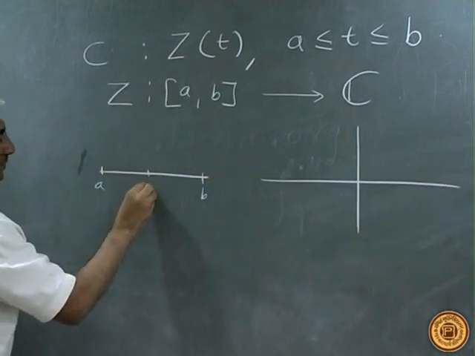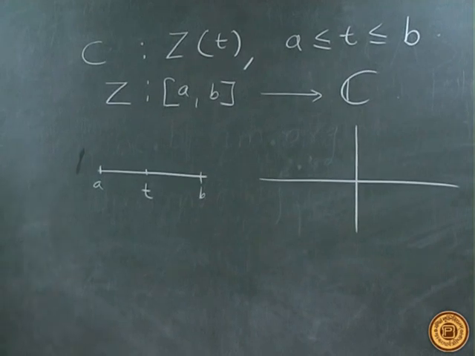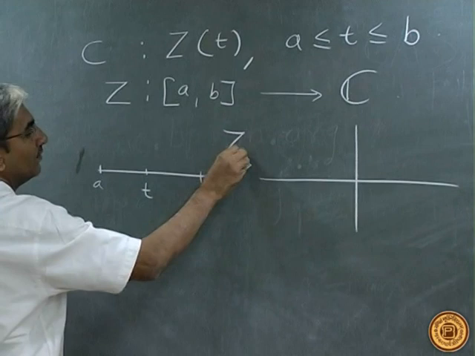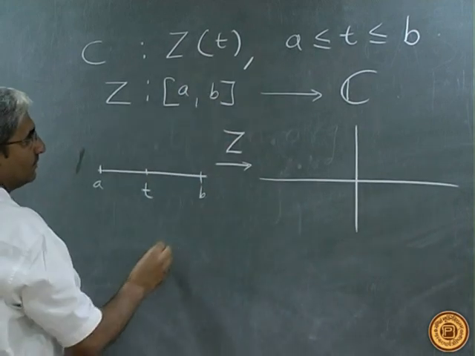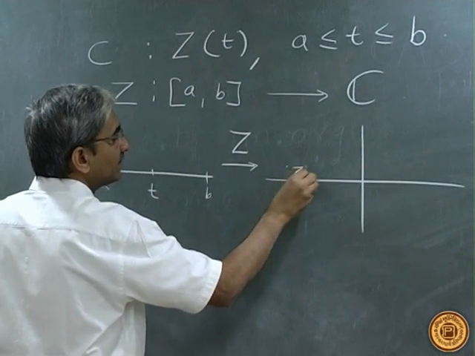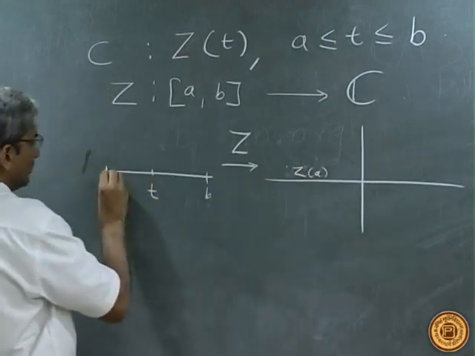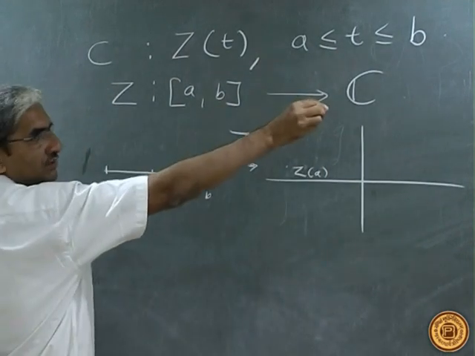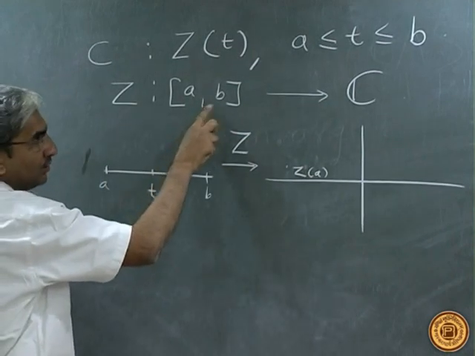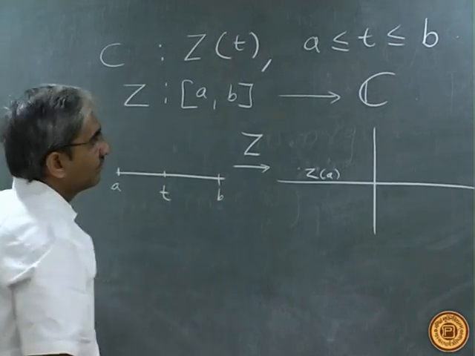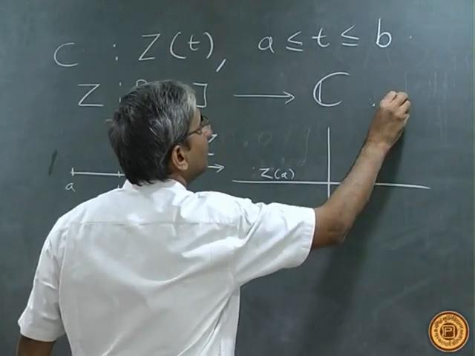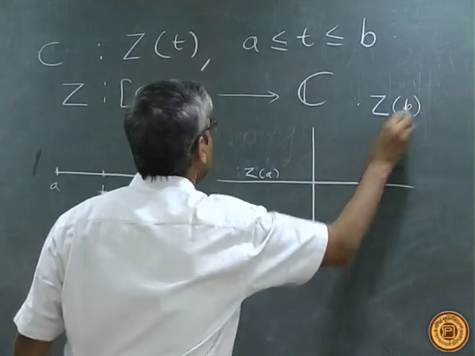If you take a parameter t here and the function z which represents the contour C, then a goes to z(a), some complex number, because z is a function from [a, b] to C, and b goes to another point, z(b).